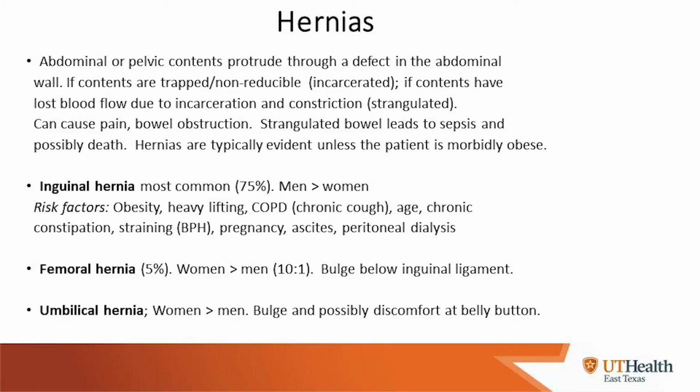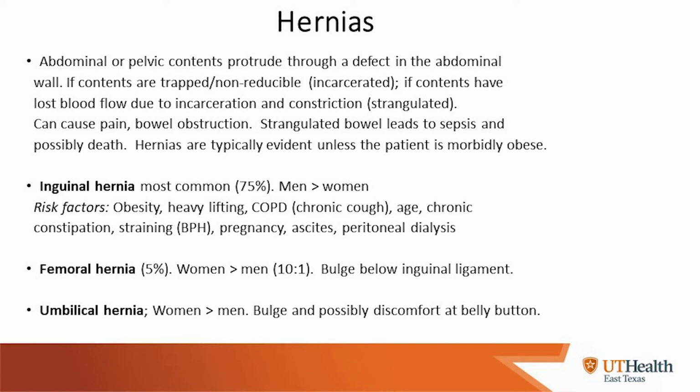Patients who have liver failure and fluid in the abdominal cavity, or renal failure patients where peritoneal dialysis is performed, can frequently develop inguinal hernias. Femoral hernias are much less common. They represent about 5% of hernias, more commonly seen in women than men, about 10 to 1. And these are frequently seen in elderly females, but not exclusively.